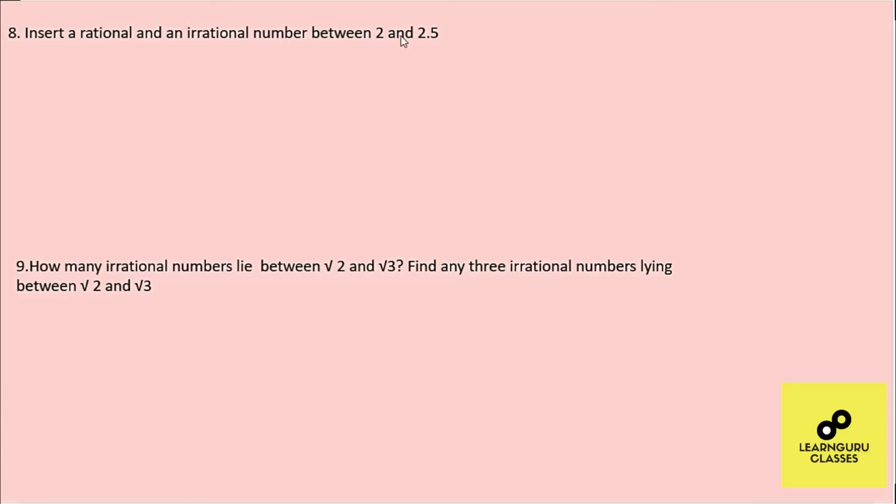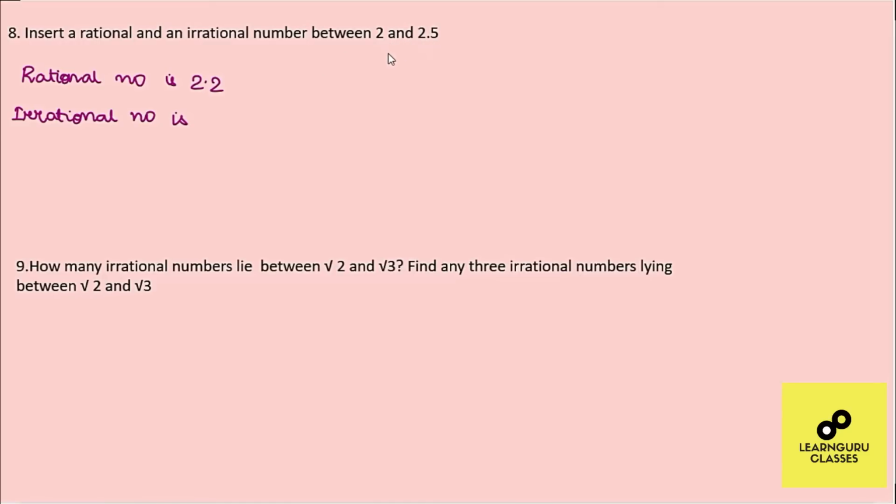The 8th question is, insert a rational and an irrational number between 2 and 2.5. So very easy, rational number can be like 2.2. So 2.2 is a rational number, but an irrational number is any number between 2 and 2.5 that is non-terminating and non-repeating. That will be an irrational number.